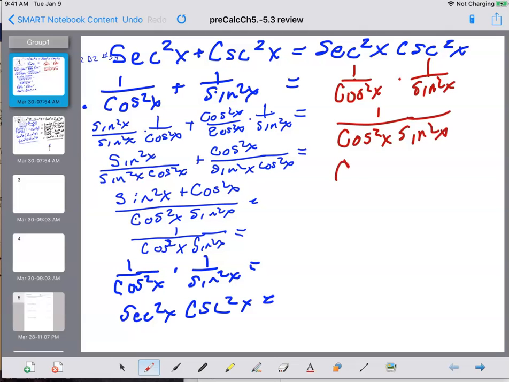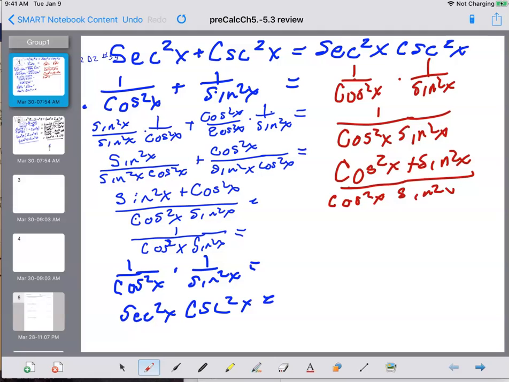I'm going to reduce the cosine squared x plus sine squared x as 1. So now I've got, excuse me, I said cosine squared x. Don't know what I wrote. So I've got that, and I've got cosine squared x times sine squared x in the bottom.